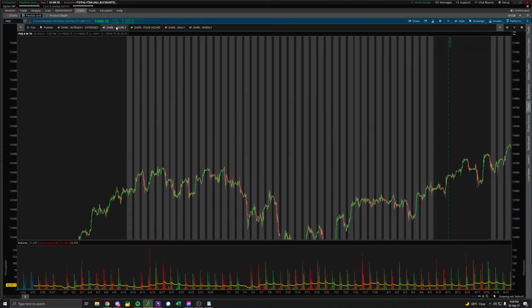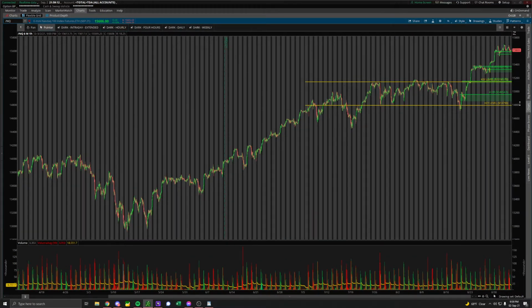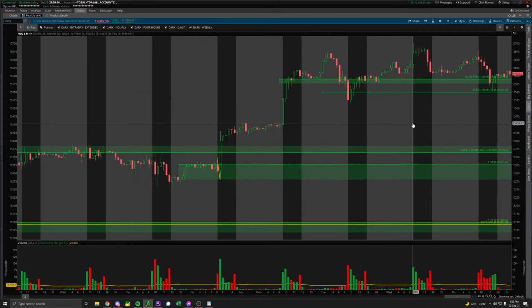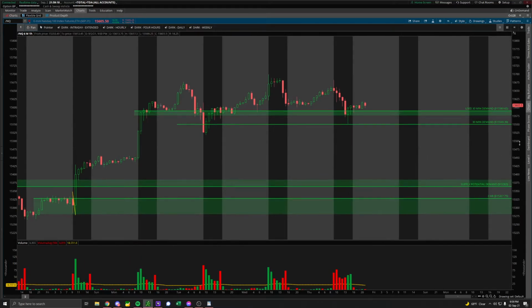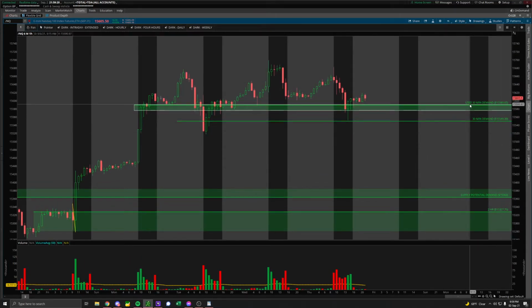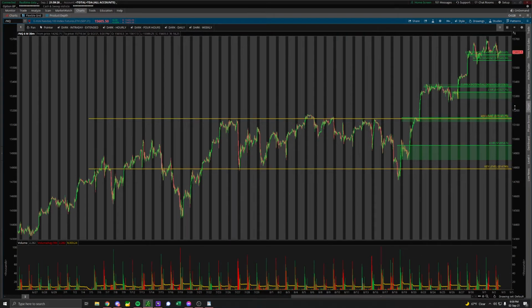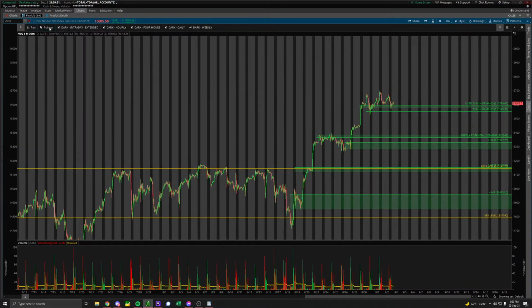So if you look at the hourly, these were the zones that I had going into the day. I had a used 30-minute demand zone. Anytime a demand zone has already been used, I'm less likely to think that the price is going to bounce there again.